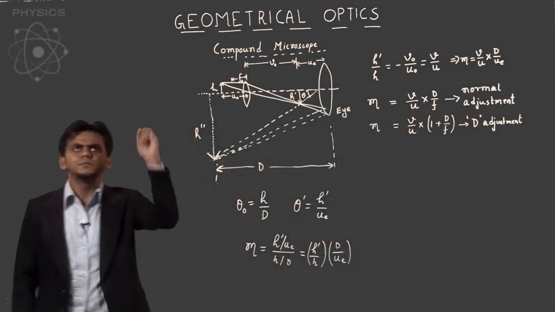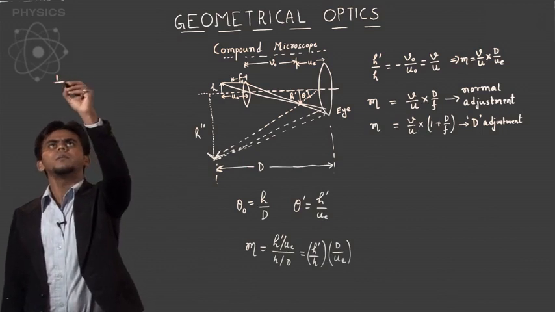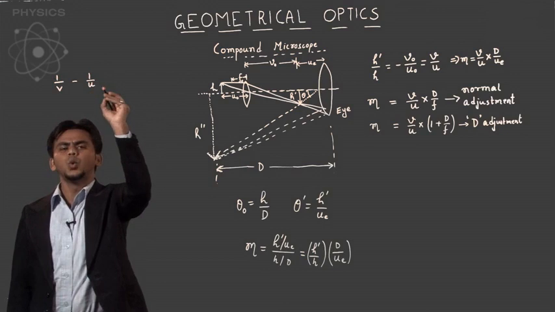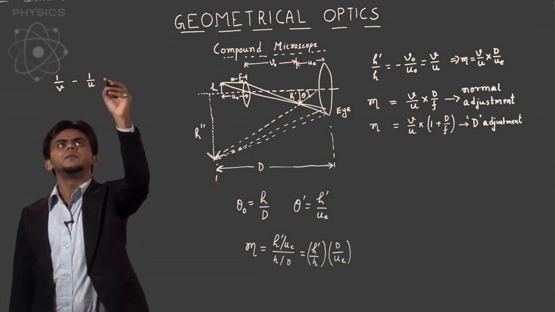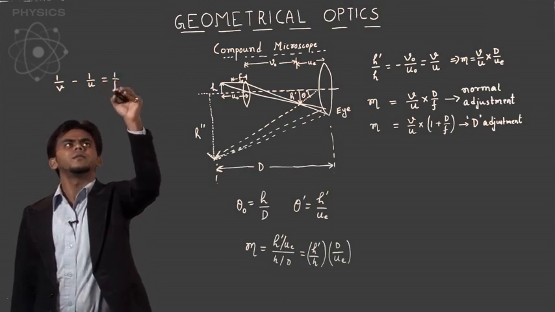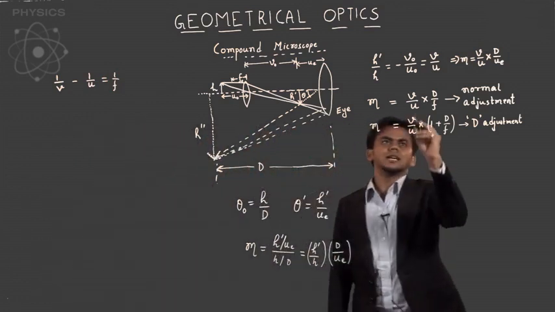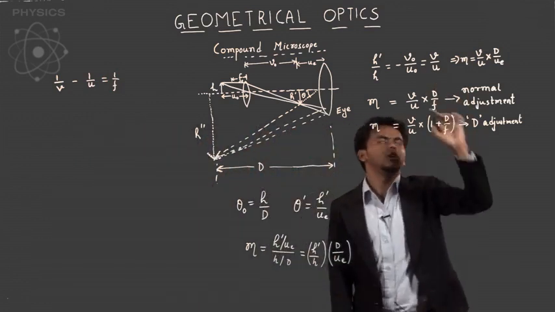Now I know that 1 by V minus 1 by U is equal to 1 by F. For your clarity, I'll just write this V as small over here. Yeah, it's small over here.